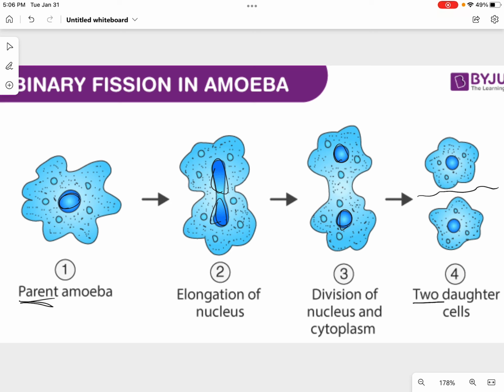These two daughter cells are going to be identical to each other, because this was a mitotic process that happened, and because there was no recombination of DNA between two parents. Both of these daughters inherited their DNA from the single parent. That parent could only pass on the DNA that they had, and thus there is no genetic variation within our daughter cells.